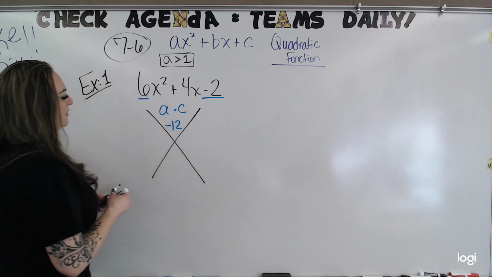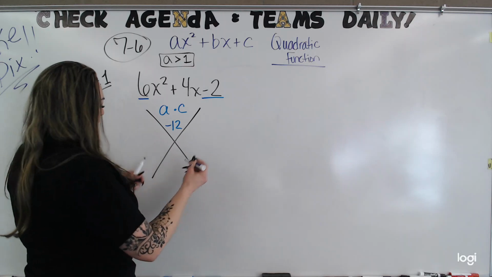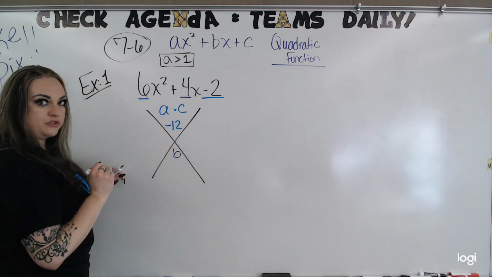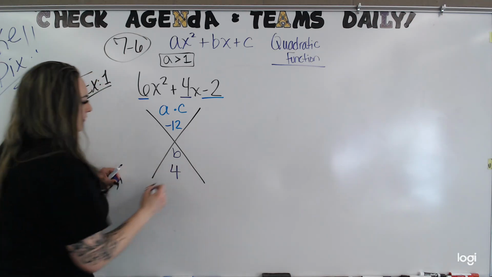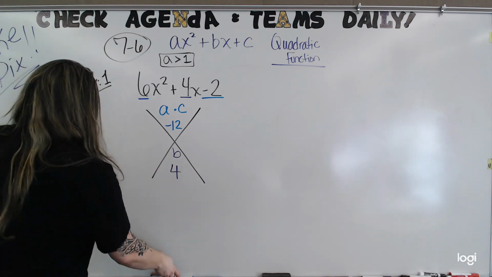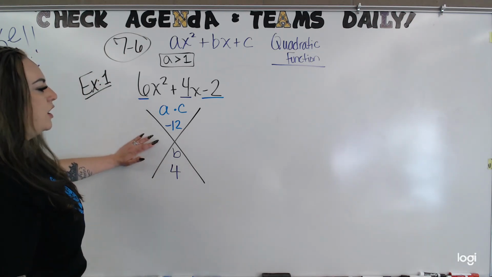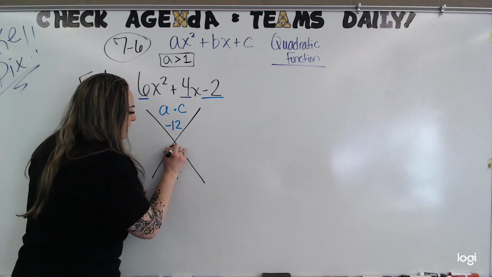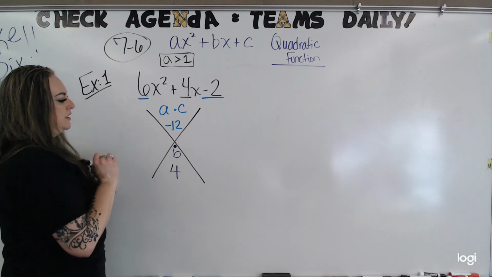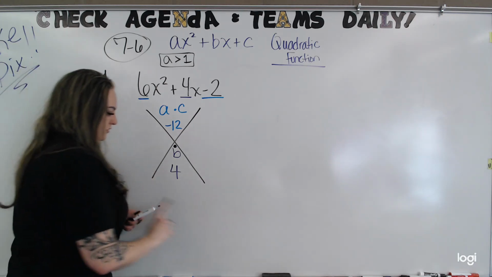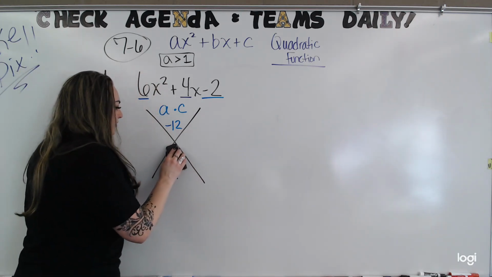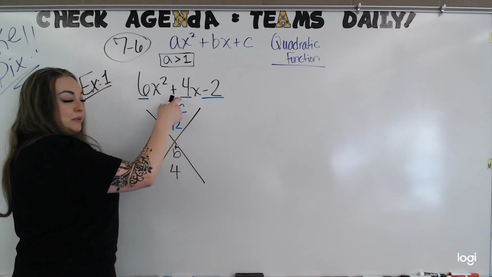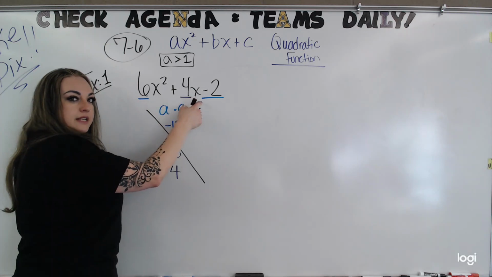In the bottom of the x, we just put our b value, which is 4. Now, we're thinking, what two numbers are going to add to get b and multiply to get c?